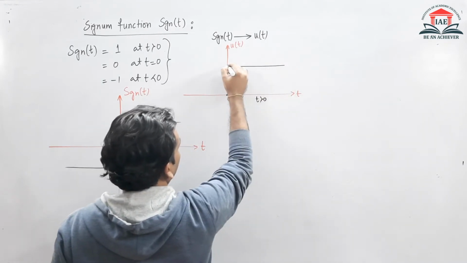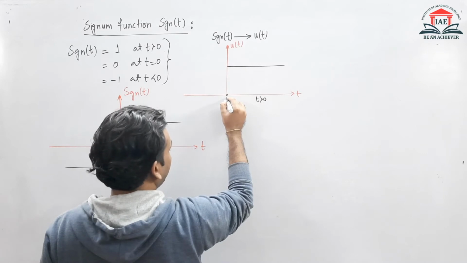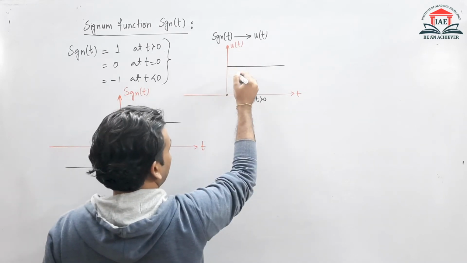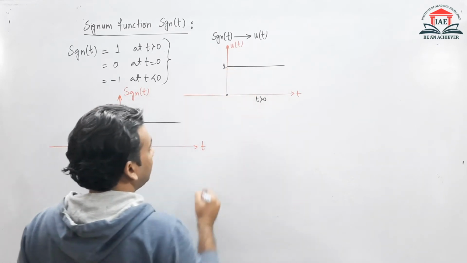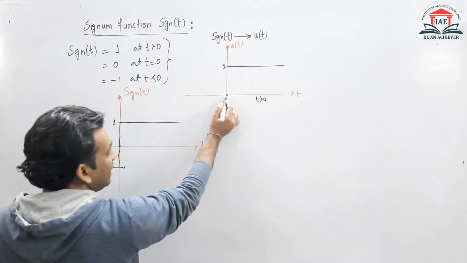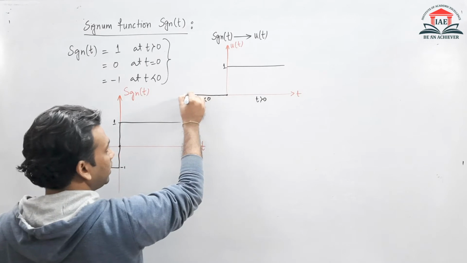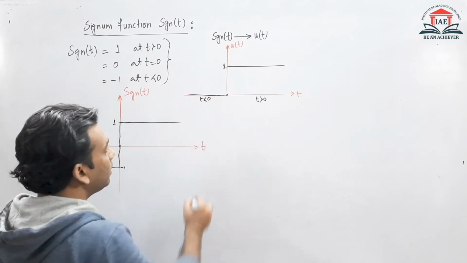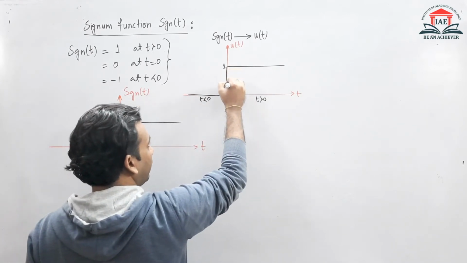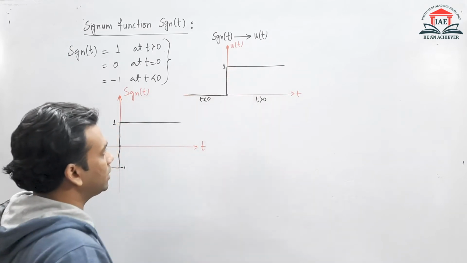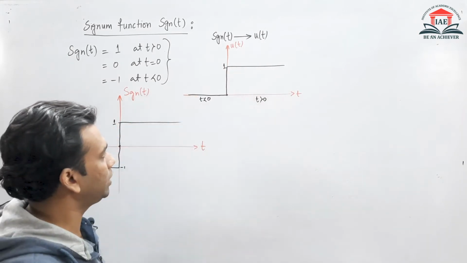You know that. At t equals 0, the value of u of t is undefined. Here is my 1, and for t less than 0 the value of u of t is 0. So this is the functional or graphical representation of u of t.